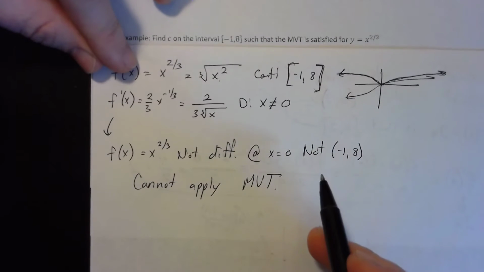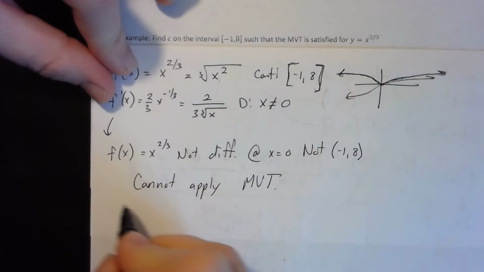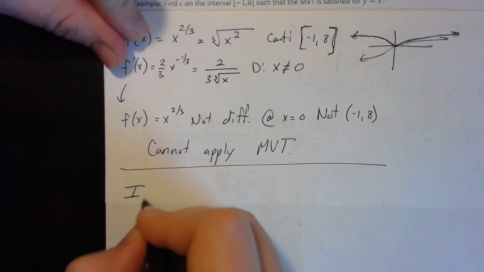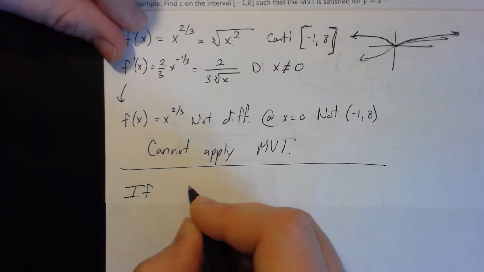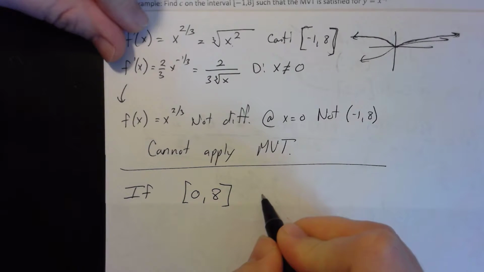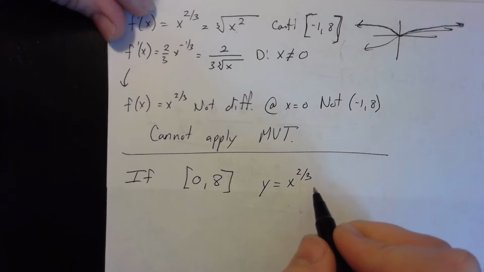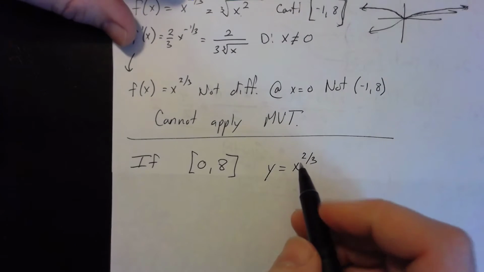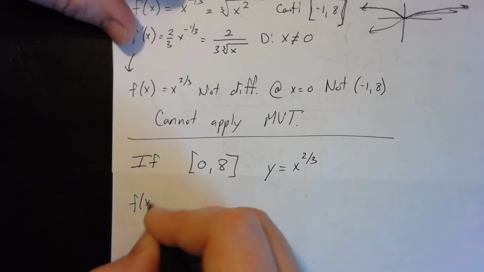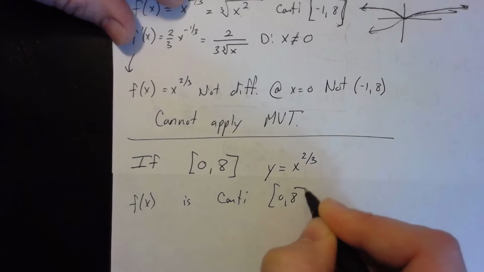Now, if this question removed that point, meaning, I'm going to modify this question here, if instead it asked me to find on the interval from 0 to 8 the value that satisfies the MVT, this would actually work. And the reason why this would work is because, one more time, f of x is continuous on the closed interval from 0 to 8 without any issues.